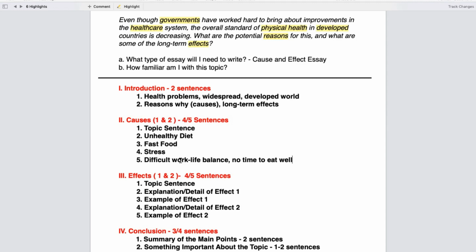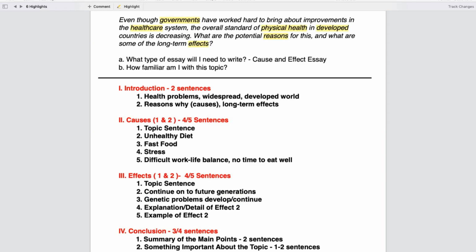So I've got my two causes, good. My two effects, I would say an effect of this unhealthy diet and low standard of health will be the fact that it can continue on to future generations. This is an effect. And I think of future generations, I think perhaps genetic problems can develop or continue.